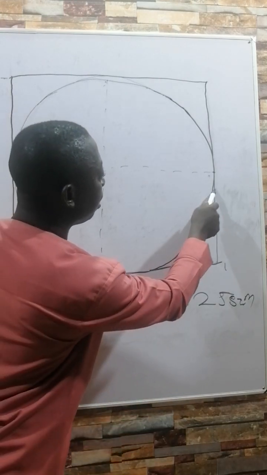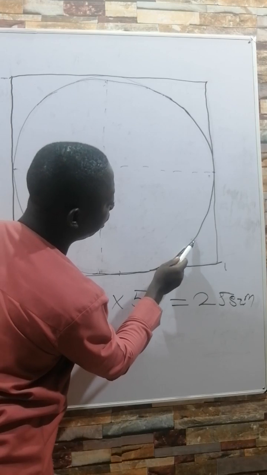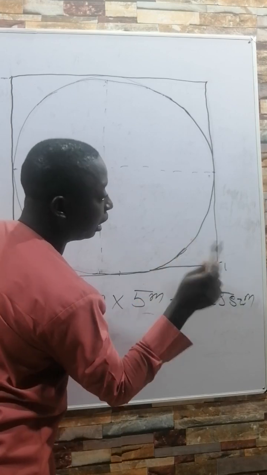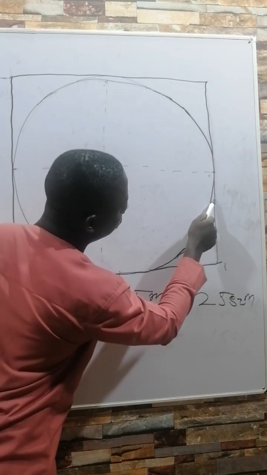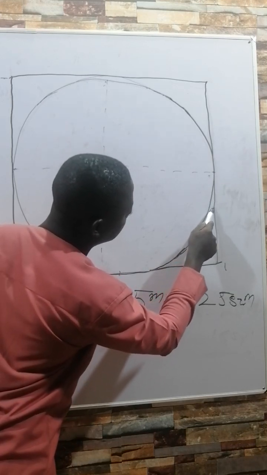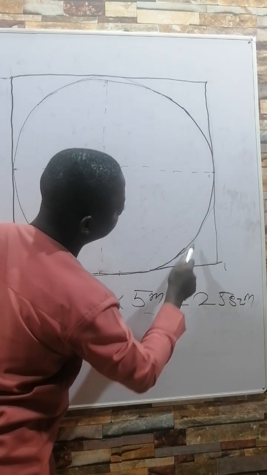Then you put the line somewhere here, put the line somewhere here. You use it to find the center of where you've marked. Once the line touches that center here, then you draw that line, for instance, this way.